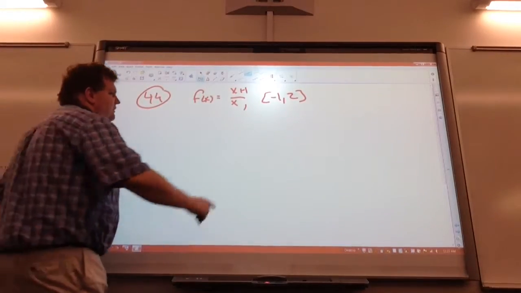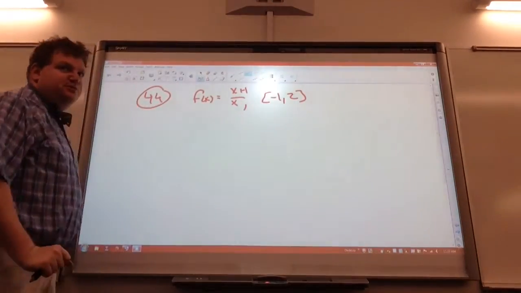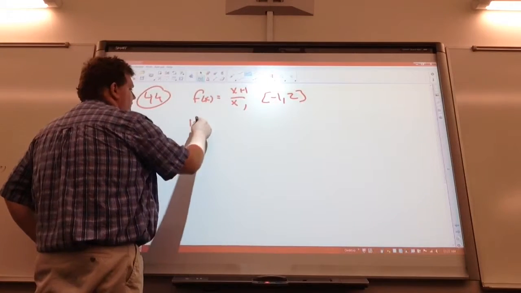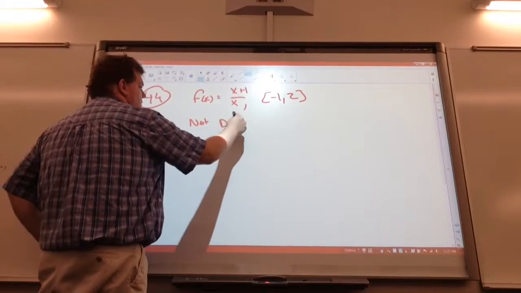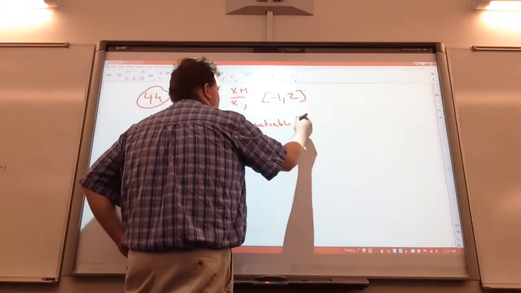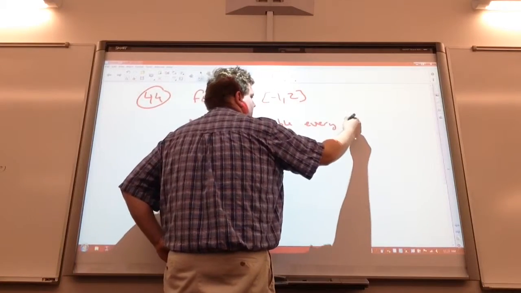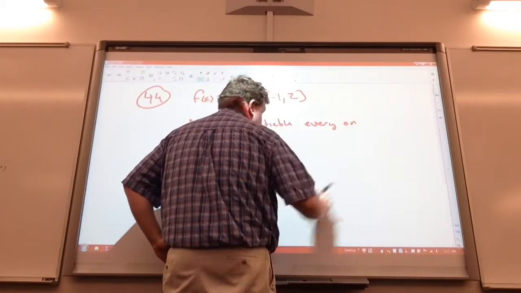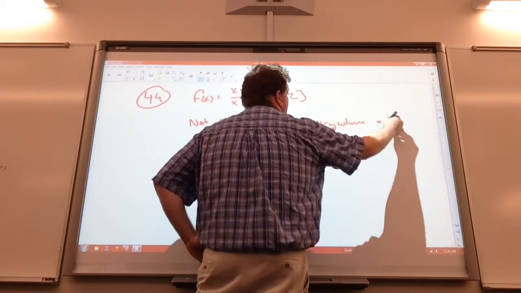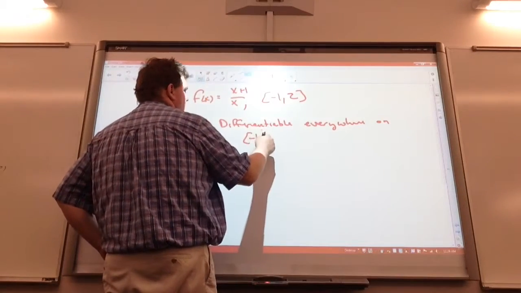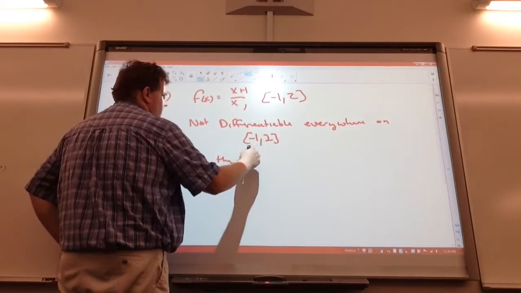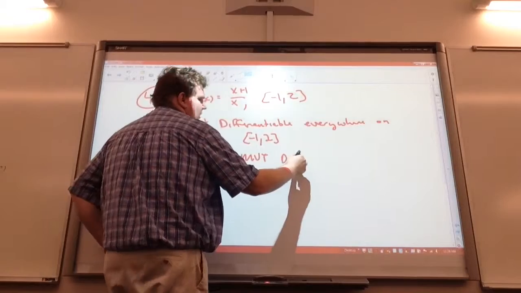So, at 0, this thing is not differentiable, is it? So, we would say not differentiable on -1 to 2. So, the mean value theorem doesn't apply.